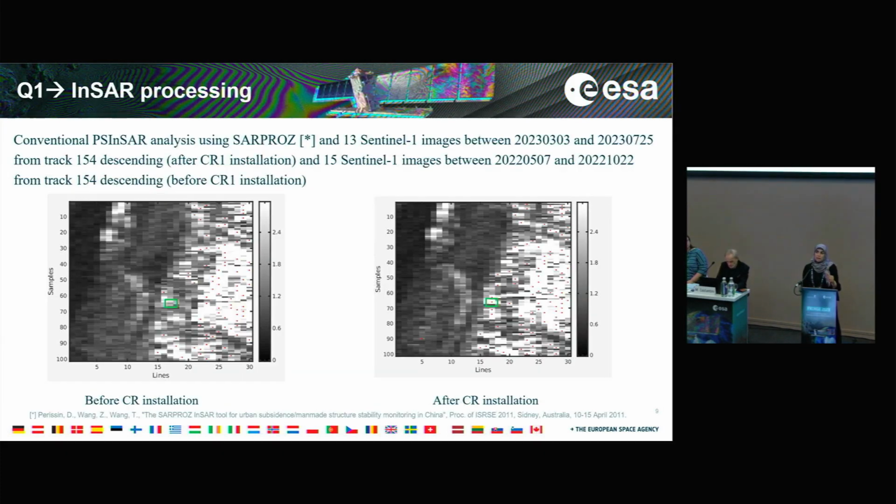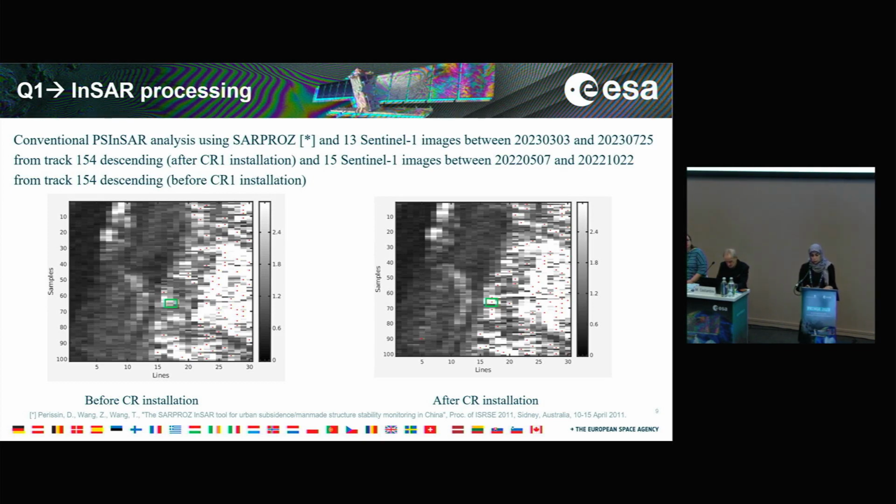Also, in order to investigate the impact of corner reflector installation on PS selection in PS InSAR analysis, we applied conventional PS InSAR analysis using SARPeR with 13 Sentinel-1 images after corner reflector installation and 15 Sentinel-1 images before corner reflector installation, both from the same descending track.